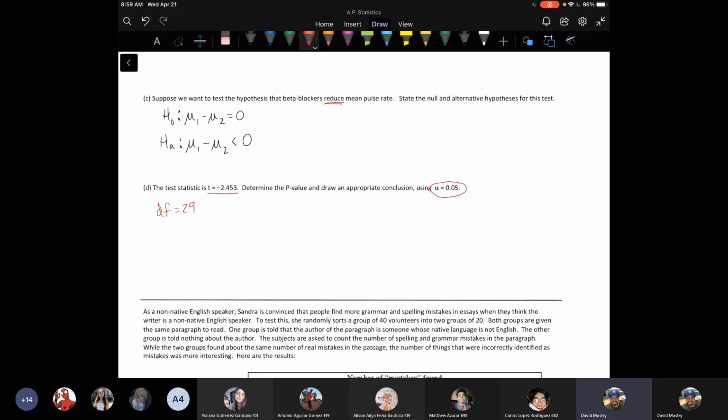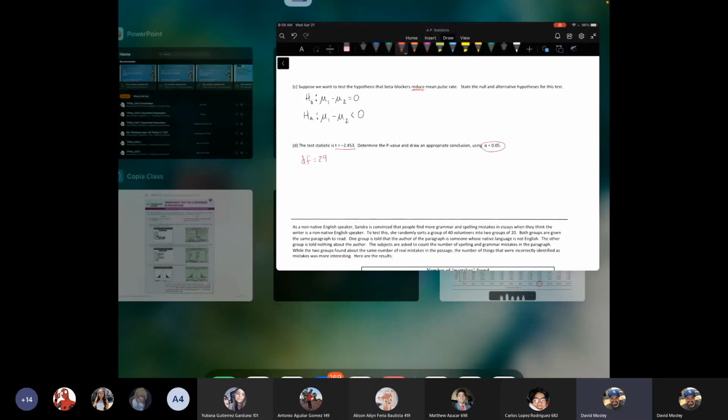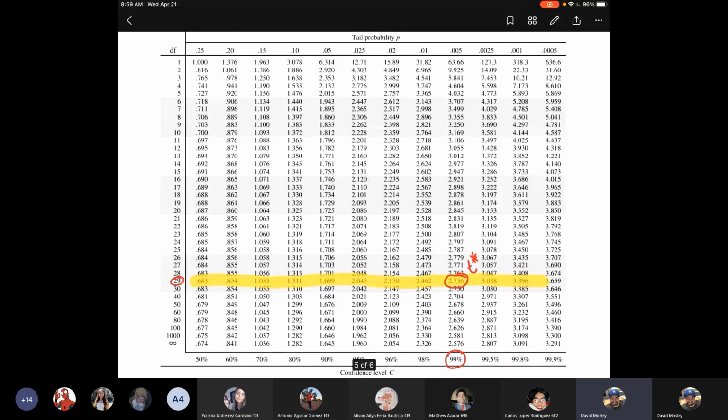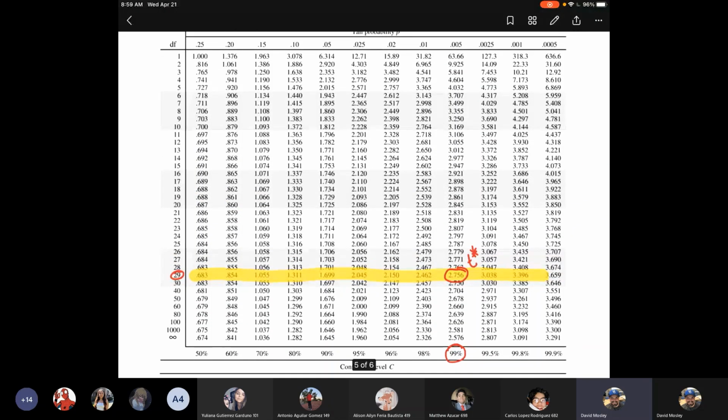Right, so we're going to need that on table B. Go back to table B here. We're still highlighted on 29. And we are looking for that negative 2.453, which we use the positive version. Remember, table B only gives us positive values. So we look for 2.453 or as close as we can get.